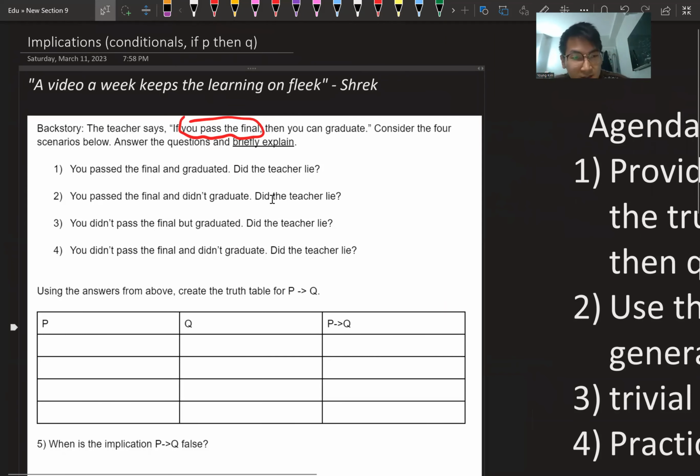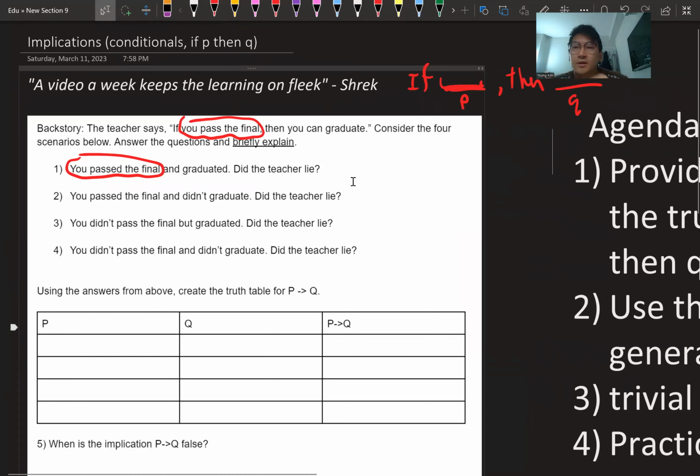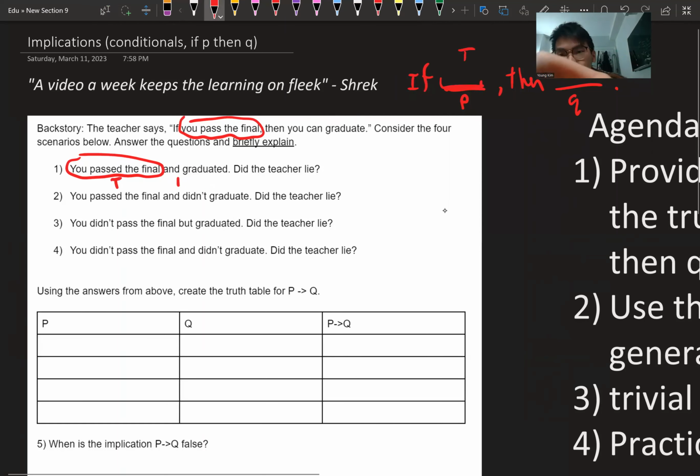The hypothesis is the P here usually, the thing that comes right after the if, and Q is the conclusion. So this is true, and you graduated, so that's true too. It's like saying if true, then true. Did the teacher lie? No, right? Because you did what he said and you graduated. So the teacher told the truth.